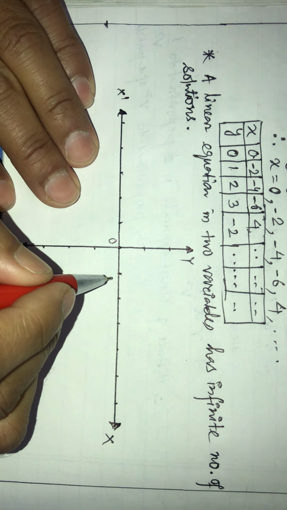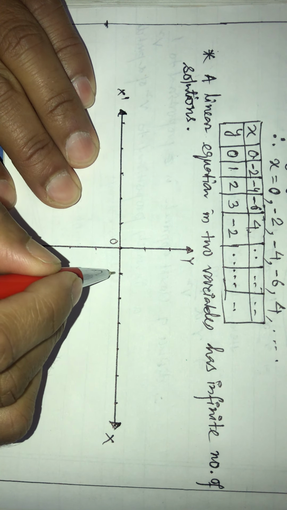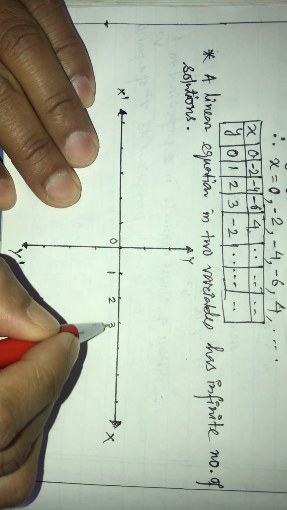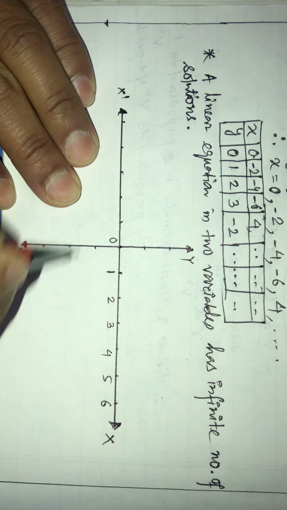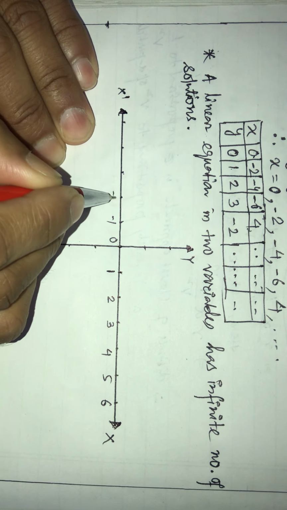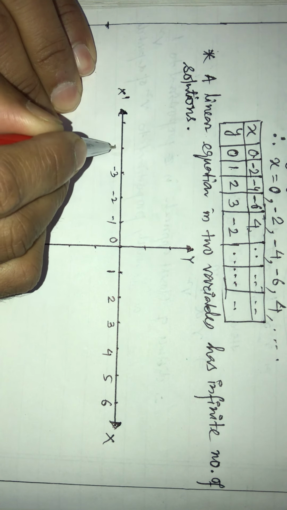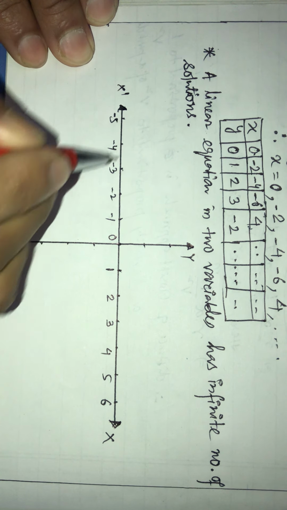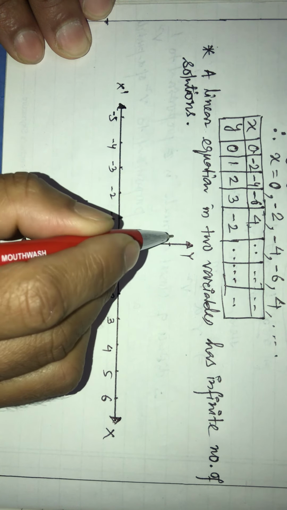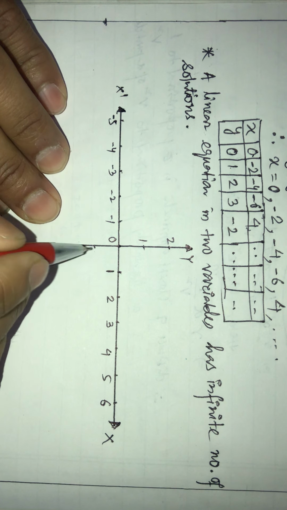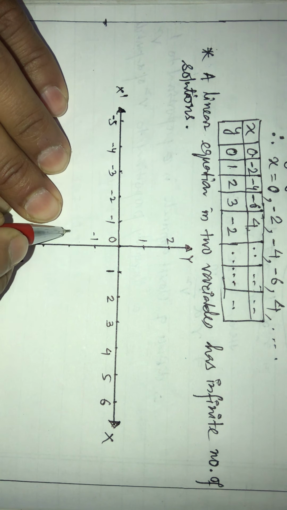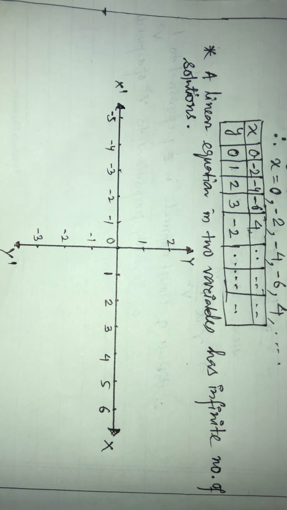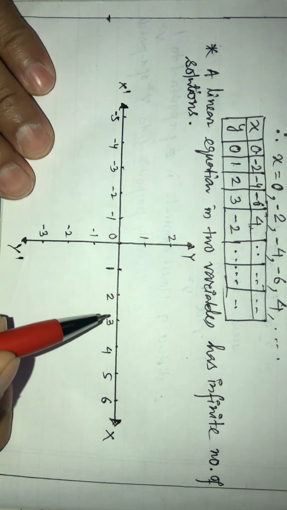So this is 1, 2, 3, 4, 5, 6. Here is -1, -2, -3, -4, -5 and so on. Okay, now let's plot the graph.